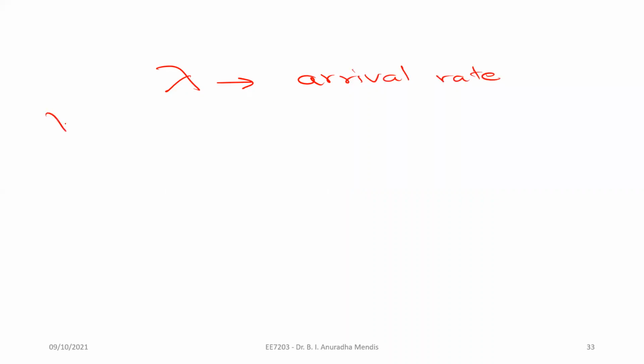For example, lambda equal 10 means 10 customers or 10 arrivals per 1 second.